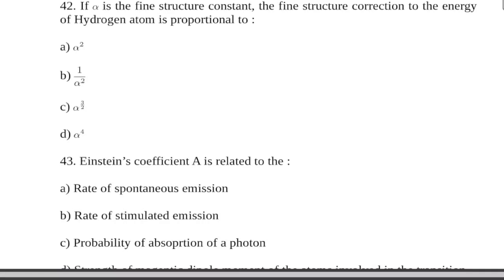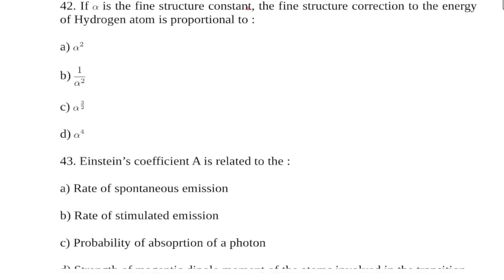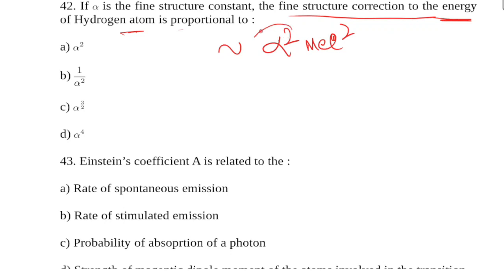Next, if alpha is the fine structure constant, the fine structure correction to the energy of the hydrogen atom is proportional to. So you have to find the fine structure correction to the energy of hydrogen atom. Okay. So you should remember this varies as alpha squared m_e c squared. That means basically alpha squared here. Okay. So there are other variations with fine structure constant.